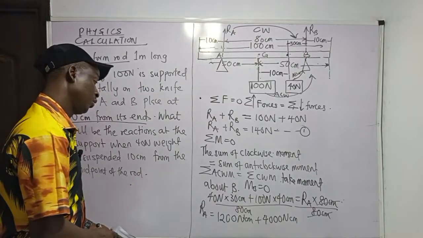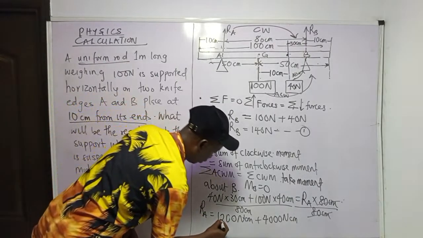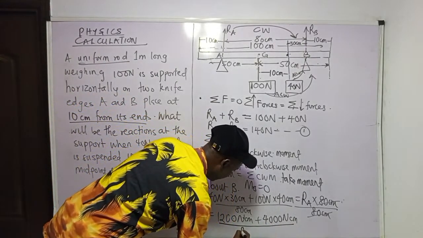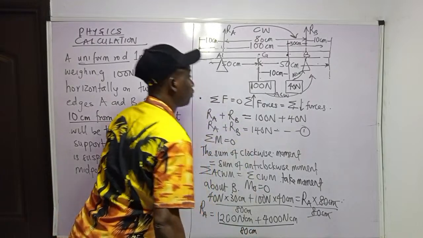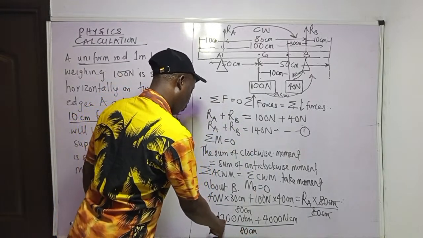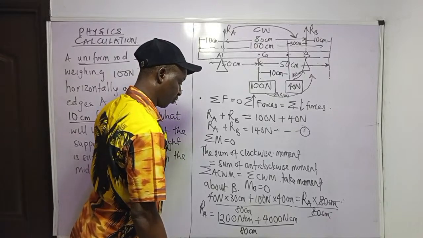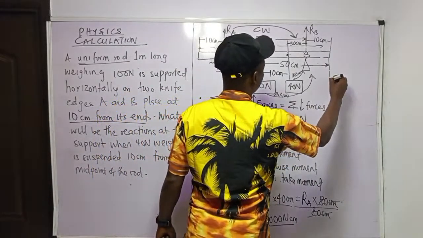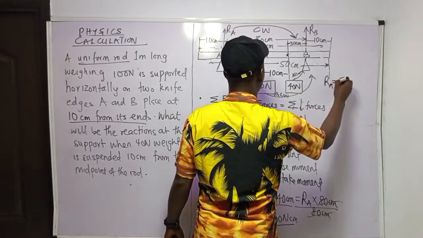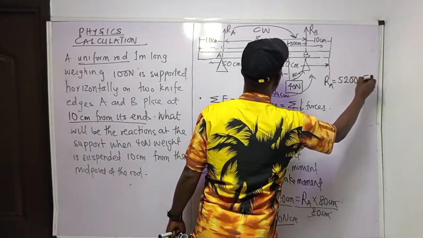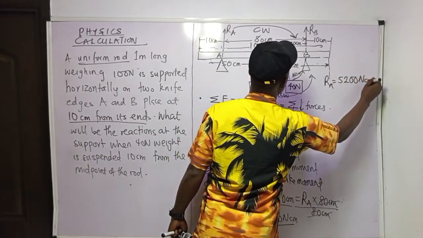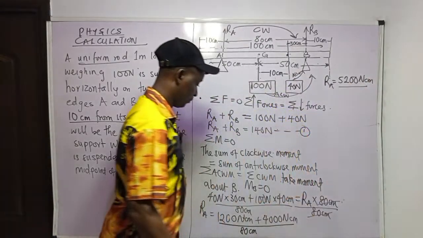Divide by 80 cm. So 1,200 plus 4,000 gives RA equal to 5,200 Newton cm, divided by 80 cm.